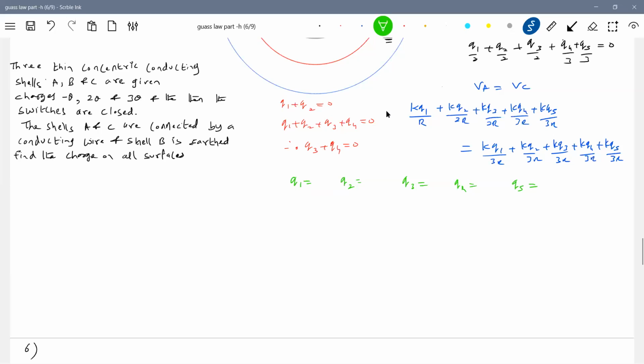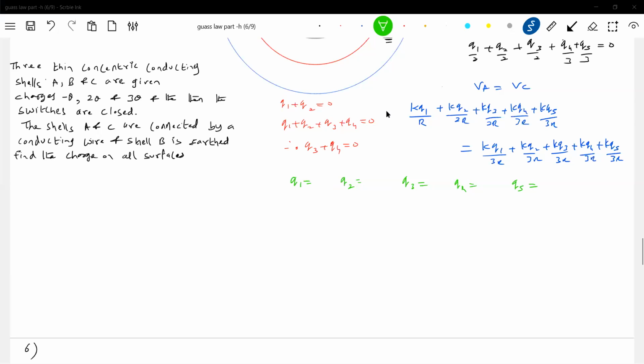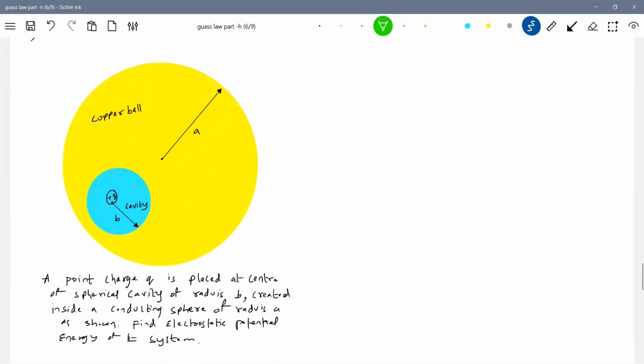Q1 4Q by 11. Q3 minus 5Q. Check the answer later on. Maybe some calculations are needed. I'll go for the next problem.